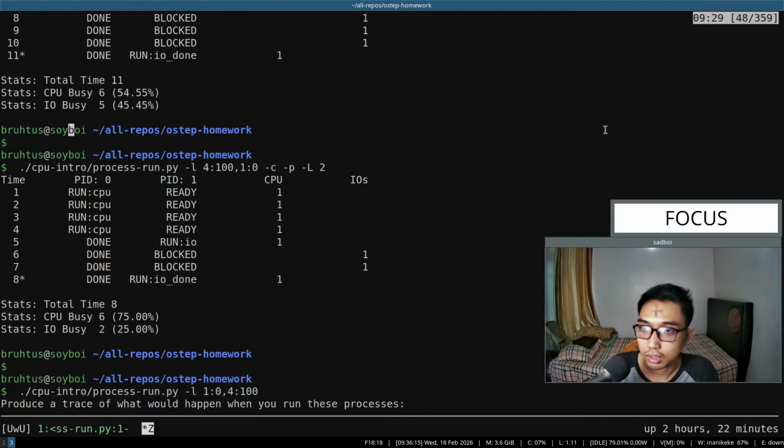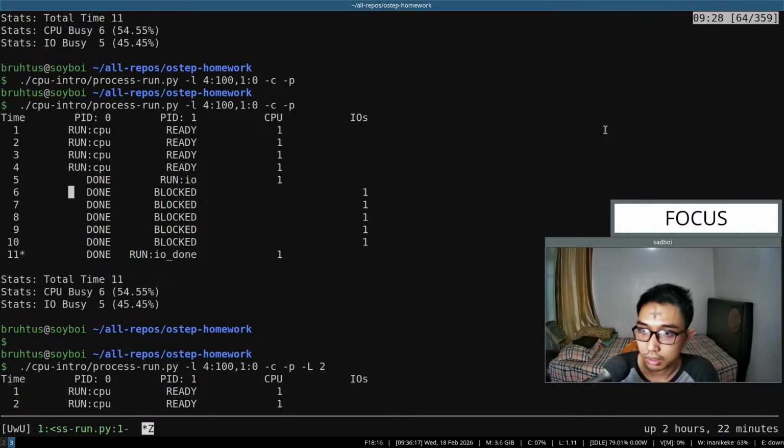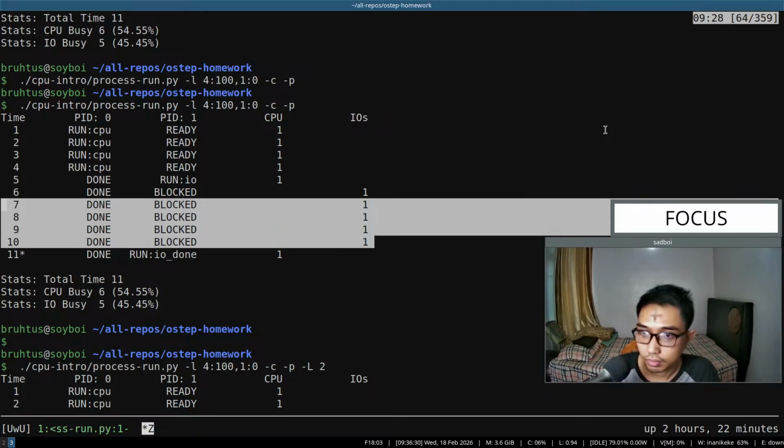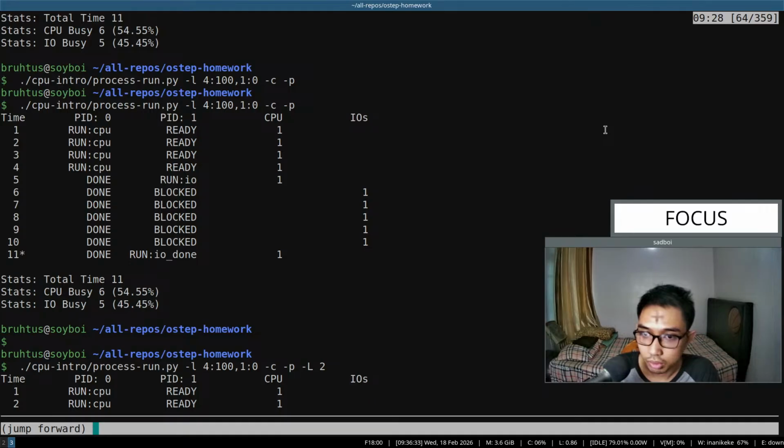Okay, let me check this one. So yeah, this is blocked, which means we are not using the CPU, and the CPU in this scenario is not doing anything until the input-output finishes.